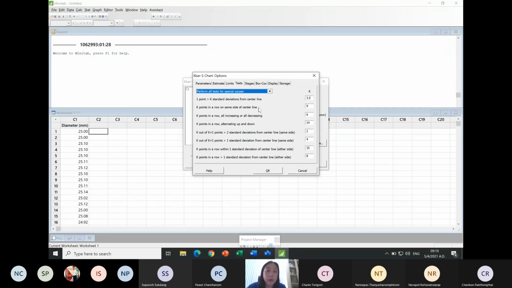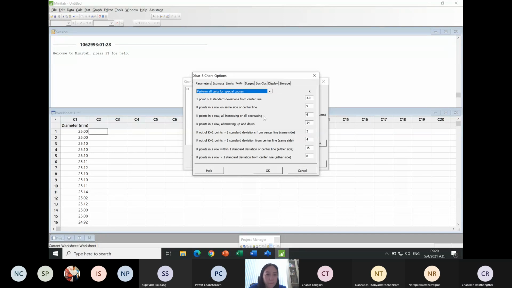And rule number 3 is called k points, where k is 6, so that means 6 points in a row, decreasing or increasing. So this test is trend, you need 6 increases or 6 decreases of the points in a row.